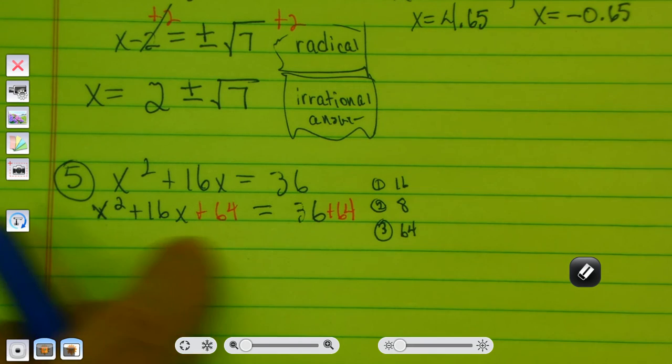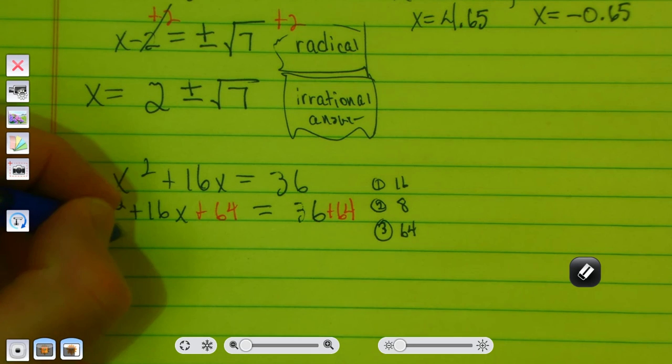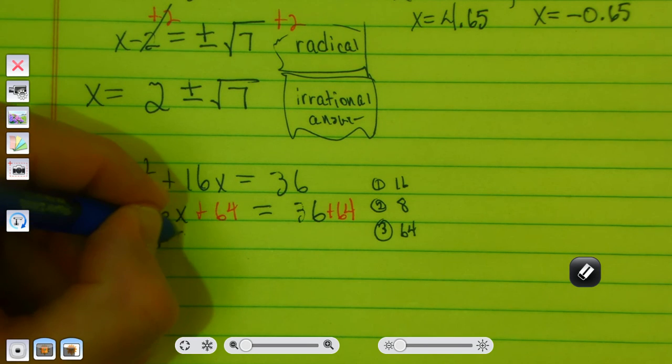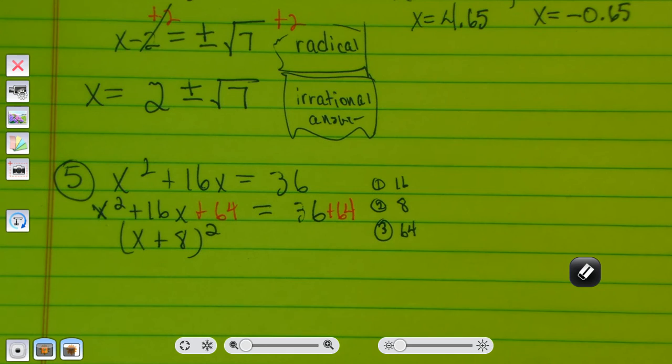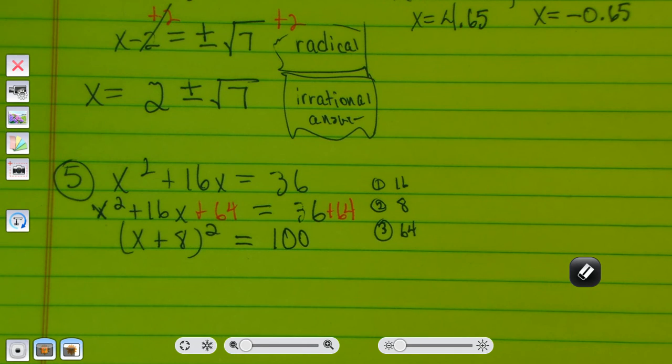Remember, if I've completed the perfect square correctly, then I've got x plus 8 squared as my factorization. And that equals 36 plus 64, or 100.